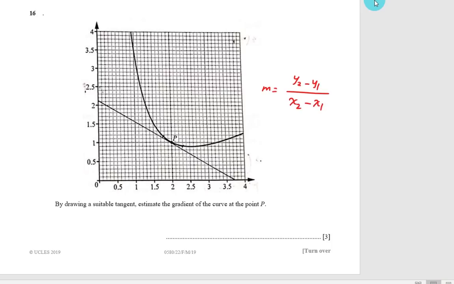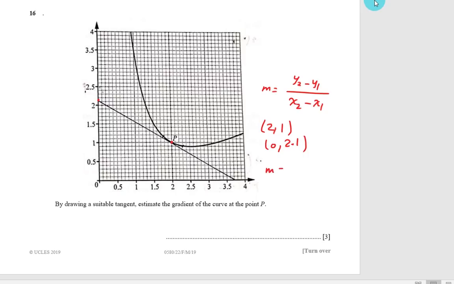So we need two points on this line. The first point is x equal to 2 and y equal to 1. So 2 and 1. The second point on this line is x equal to 0 and y approximately equal to 2.1.